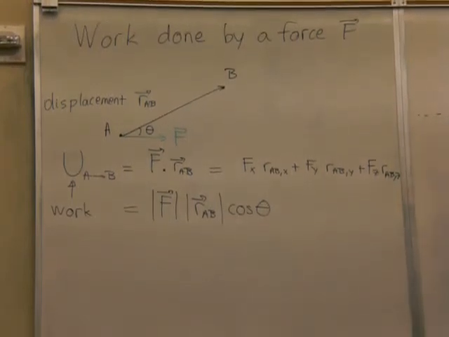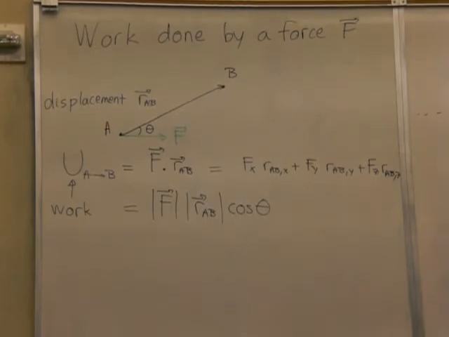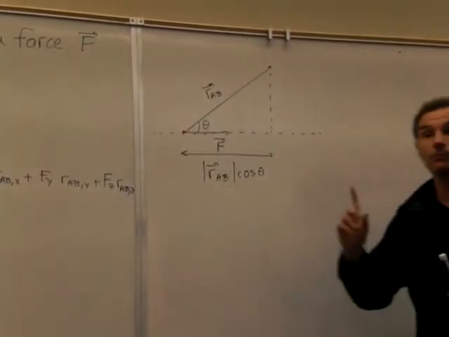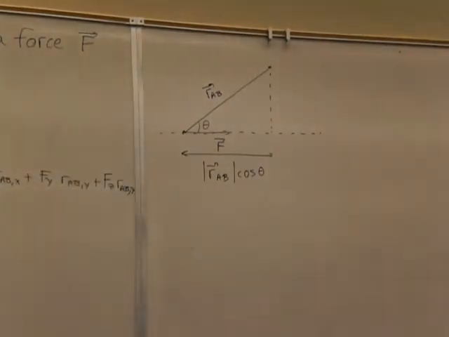So if I draw the line of action of F, this would be RAB cos theta. So you could say work is the product now, not the dot product, of the force and the displacement along the force. This is what we get here.